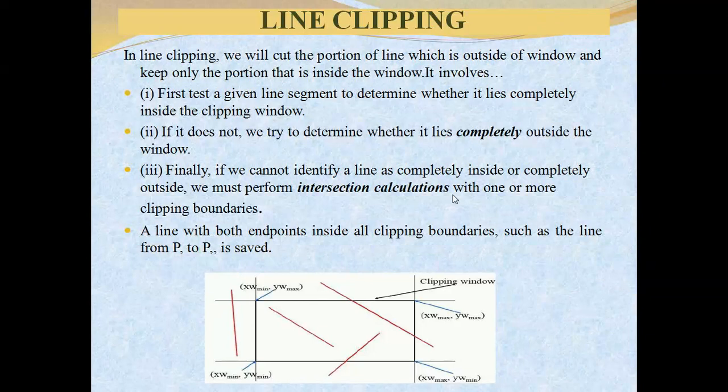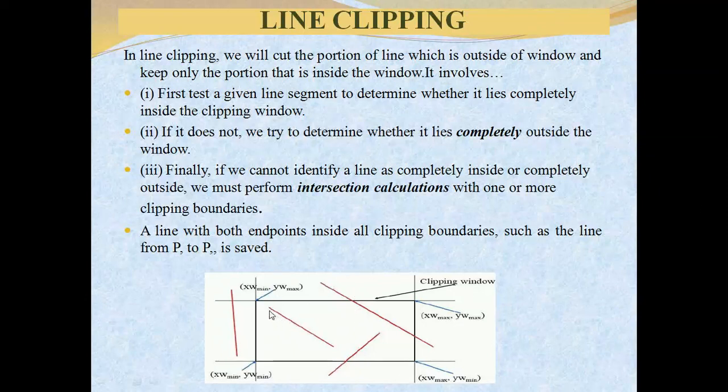And last, if some portion of the line is inside or outside the clipping boundary, that means one point is outside the clipping boundary and another point is inside the boundary, we need to calculate the intersection point, and we only view the portion from the intersection point to the inside point. There are many lines in this example.